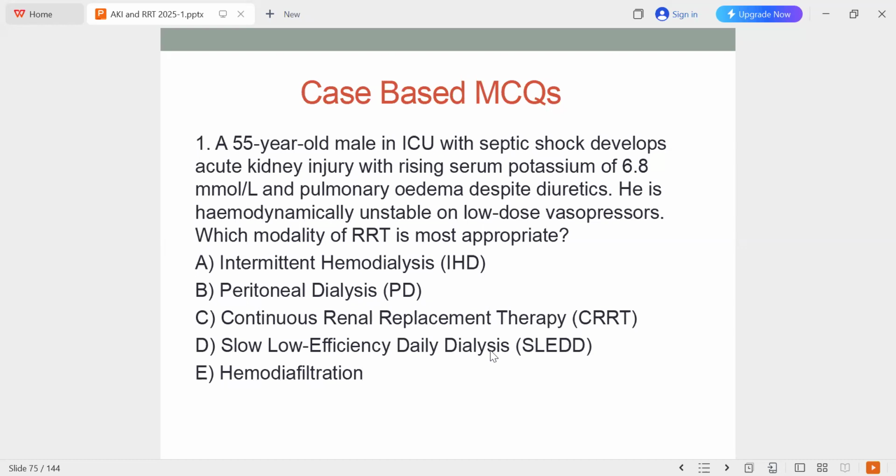A, continuous intermittent replacement dialysis, B, peritoneal dialysis, C, continuous renal replacement therapy, D, low efficiency daily dialysis, hemodiafiltration. Which one? C. Correct. C, continuous renal replacement therapy.